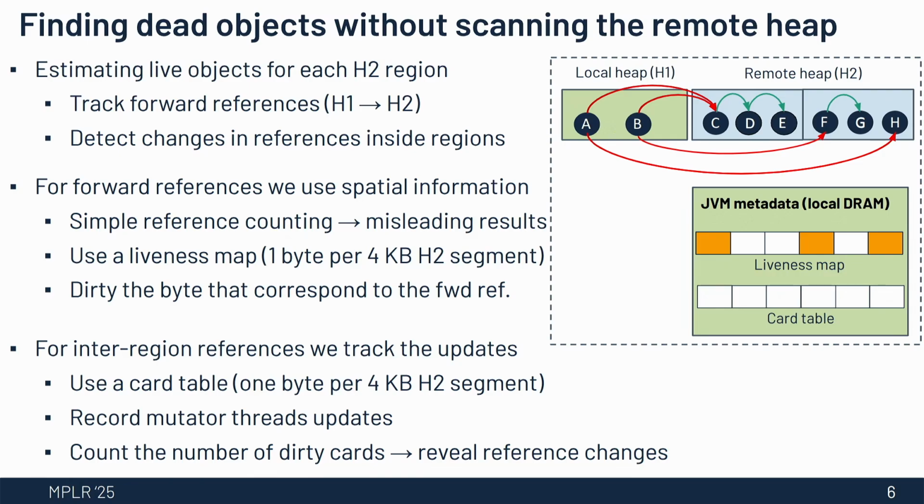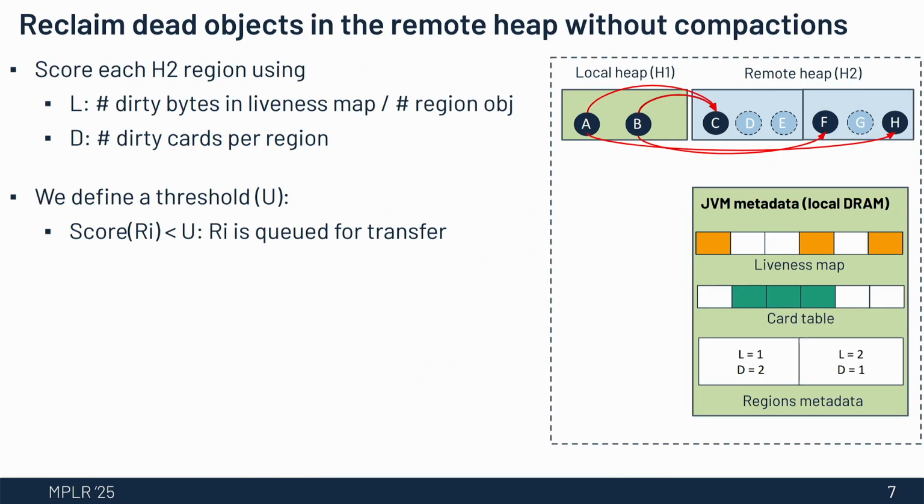For example, here the mutator threads remove 1 reference, and we have this information in the card table, and again it removes the other 2 references. We track these updates in the card table. At the end of the marking phase of the garbage collector, we can count the number of dirty cards that reveal changes in the object graph.